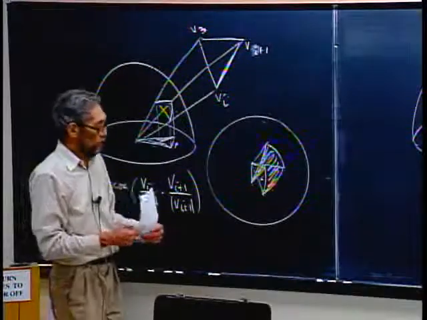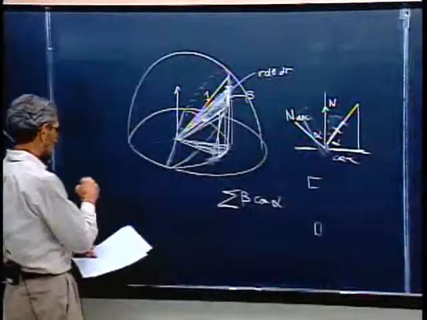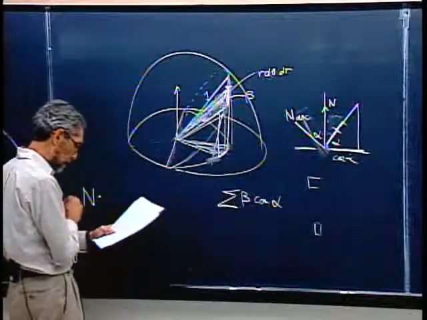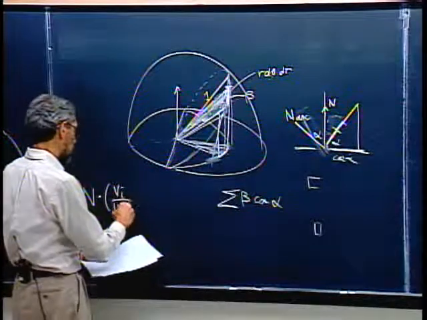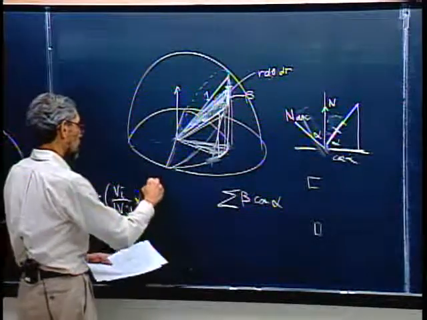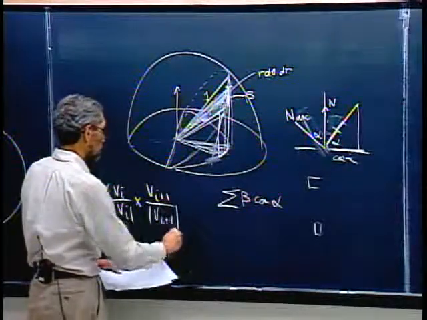But now what I want to do is get cosine alpha as n dot the cross product, Vi over absolute value of Vi cross Vi plus 1 over the absolute value of Vi plus 1. Right?